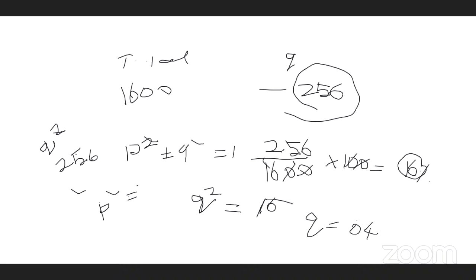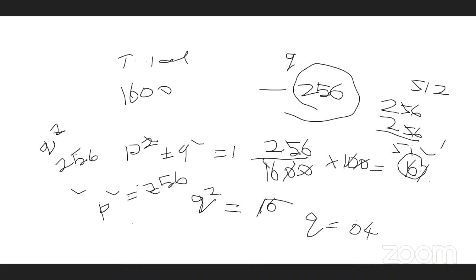So 256. Add these two, P squared plus Q squared. What will happen? You will get 700 and something, isn't it? 256 and 256, add: 512, isn't it? 512.